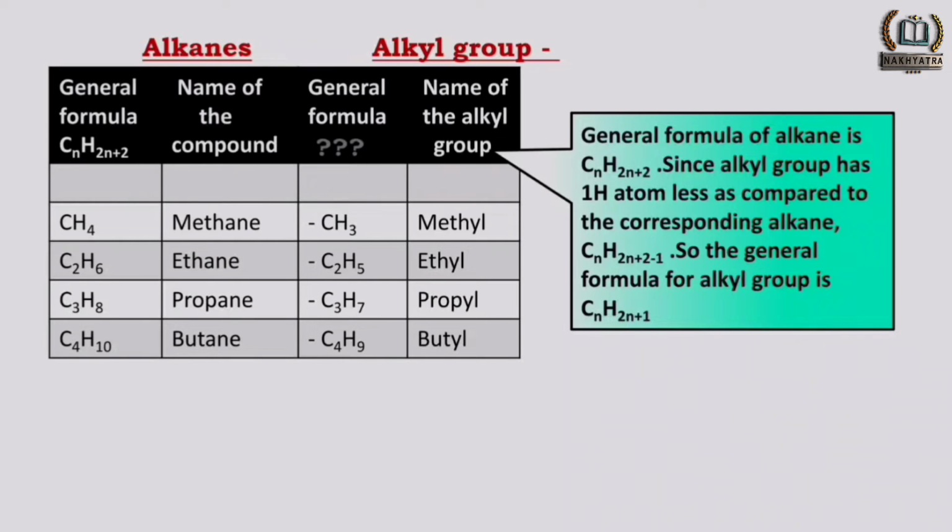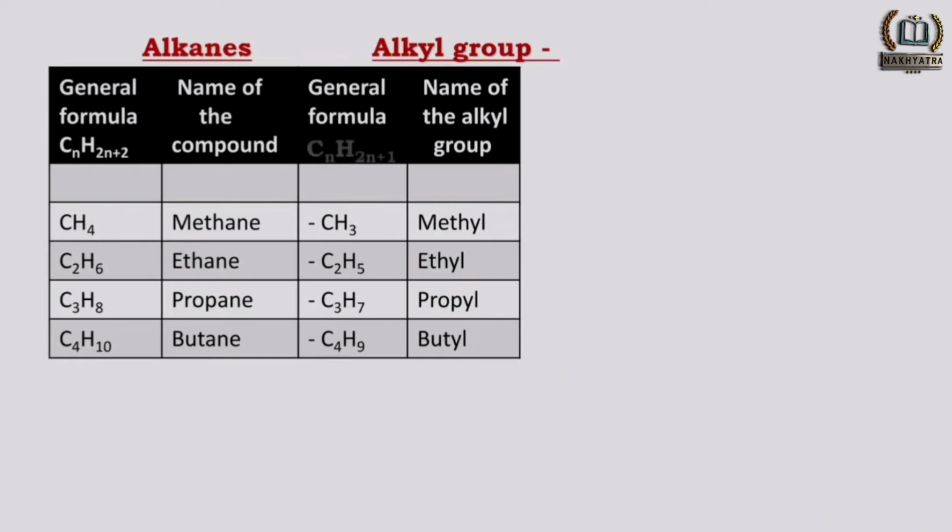Why is minus 1 needed in the formula? Because one hydrogen atom is missing. So the general formula for alkyl group is CnH2n plus 1. Is that clear? Alright. So the general formula is CnH2n plus 1.